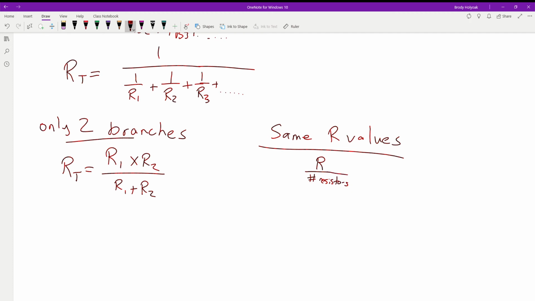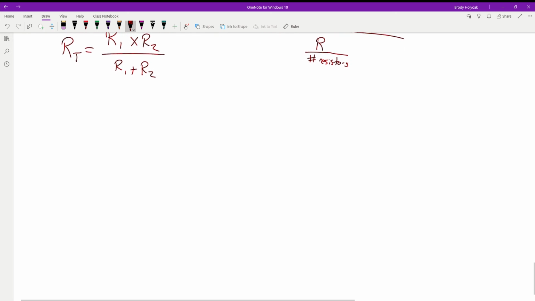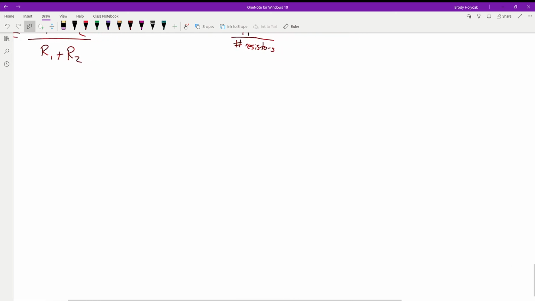You take the resistance value of one of them and you divide it by the number of resistors there are. So if we have three, we'll go through some of these and show you how they work. So the idea, we have a circuit.